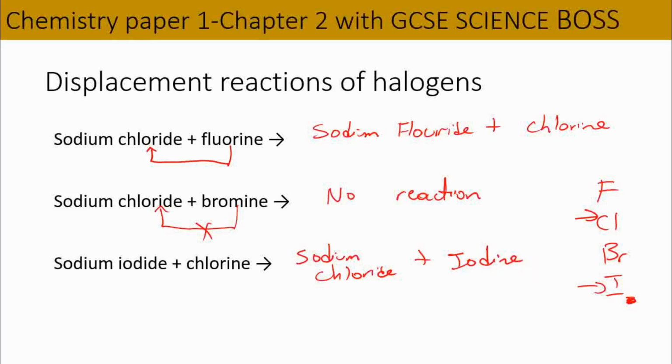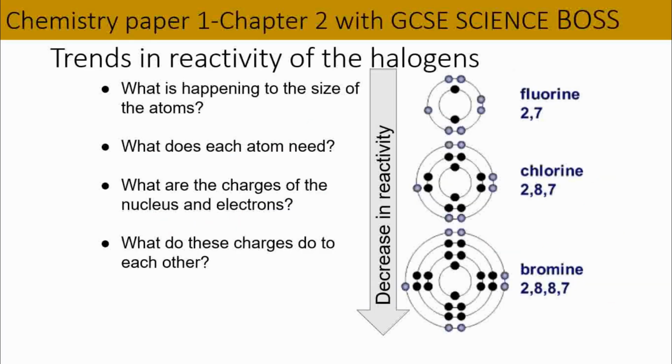Too easy. All right, so you also need to be explaining why it is that fluorine is more reactive than chlorine and bromine. These are the questions that you need to be thinking about. As you go down the group, what's happening to the size? The atom is getting bigger, and each atom needs to gain an electron in order to be reactive.